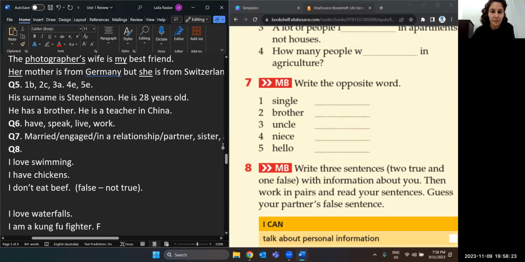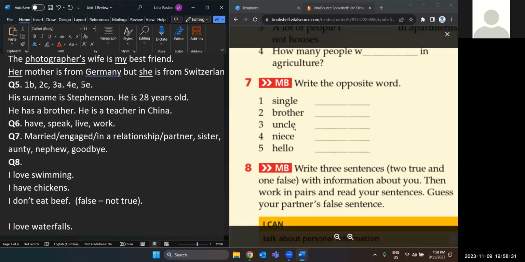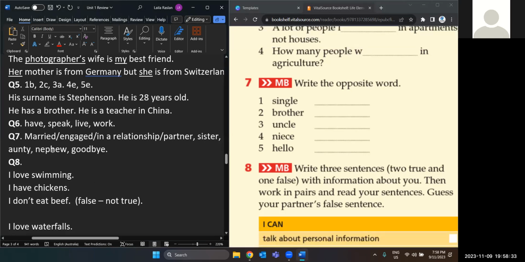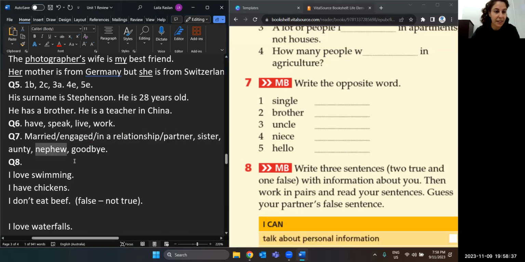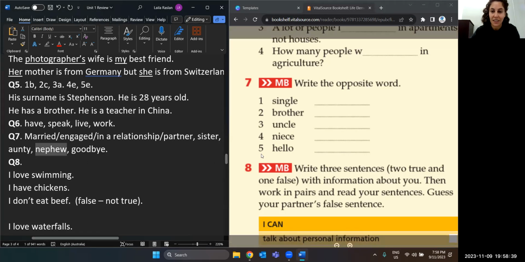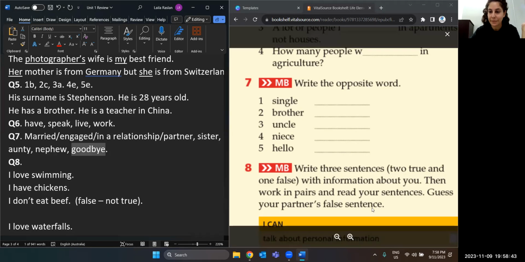Uncle, aunt or auntie. More common in Australia to say auntie. Auntie or aunt. Niece, nephew. Yep, so niece is the female, nephew is the male. Hello, goodbye. Good, very simple.